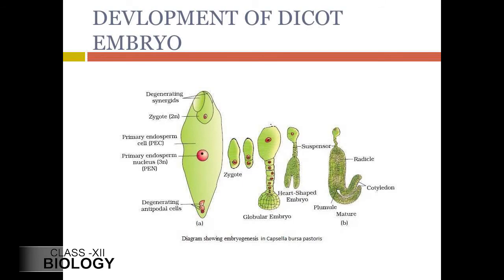Just below the globular embryo is the hypophysis, and the topmost is the suspensor, which will push the 8-cell structure, the developing embryo, towards the endosperm so that it gains maximum nutrition from it. Then when it divides again, it forms a heart-shaped embryo. Then it divides again to form the radicle, plumule and the two cotyledons.